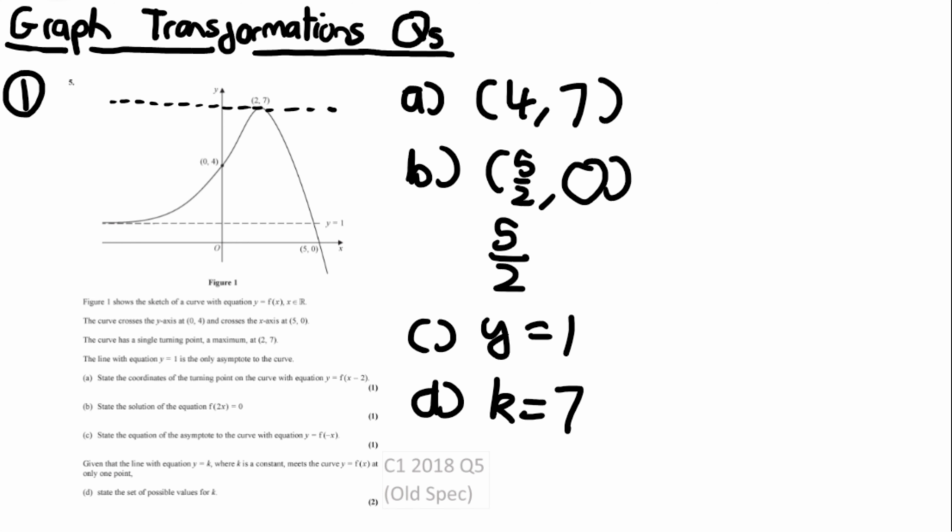So that is one of the possible times when the line y equals k only meets it once. Any time under this, or most of the times under this, it's going to meet it twice, and anything above this, it's not going to meet it at all.